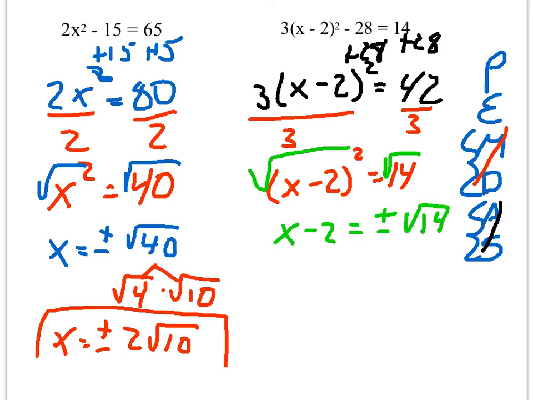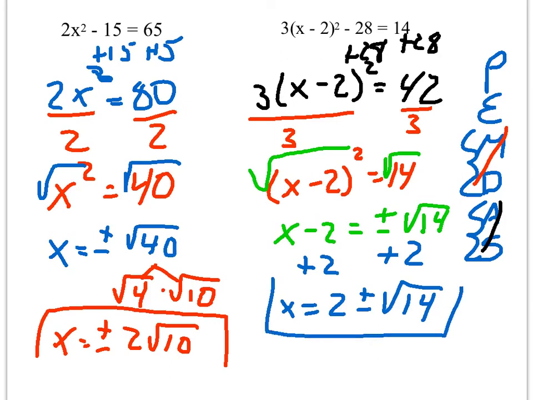Now we can finish this thing off. Because we broke inside the parentheses, we can now start over at the beginning with add or subtract away from the x. So we add the 2 over to the other side, and there we have it. X equals 2 plus or minus square root 14. The square root 14 can't be broken down any further, so there is our exact answer.